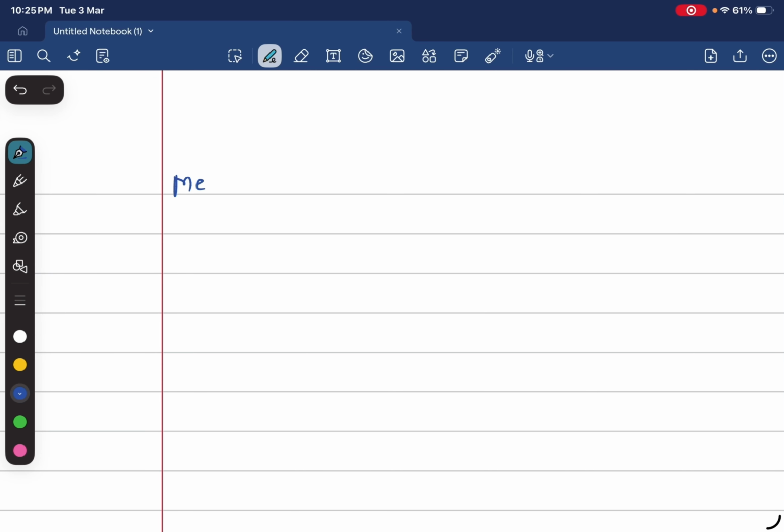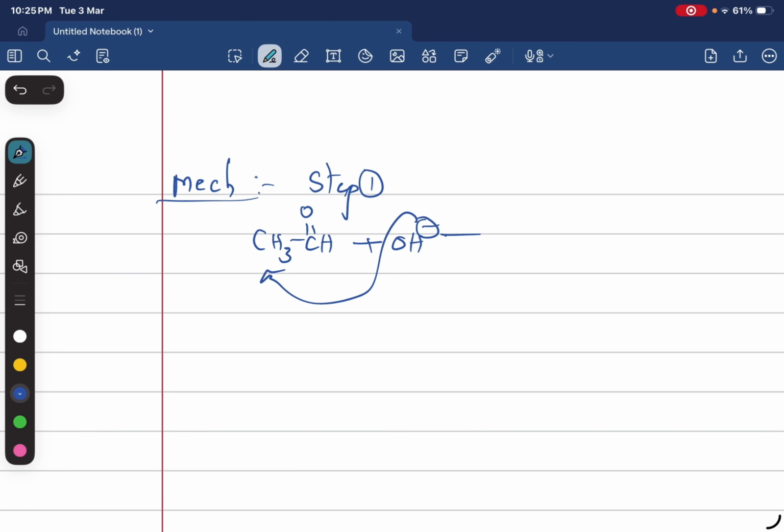If you want the mechanism for this, in step 1 the reactant involved is the same, CH3CHO, because the carbonyl compound which has alpha hydrogen should be involved, so that it loses water and gives CH2 minus C double bond OH.